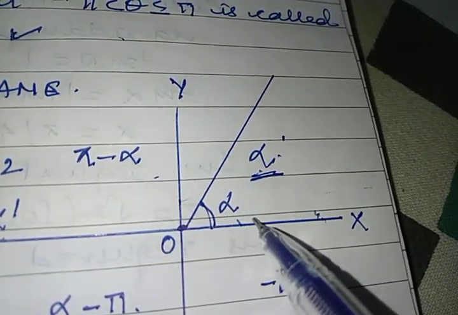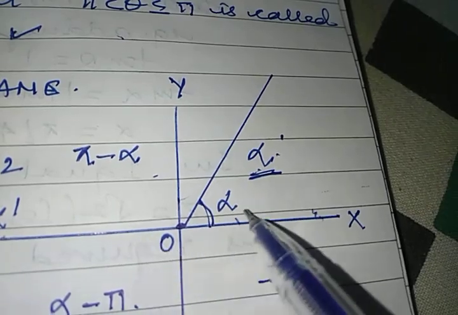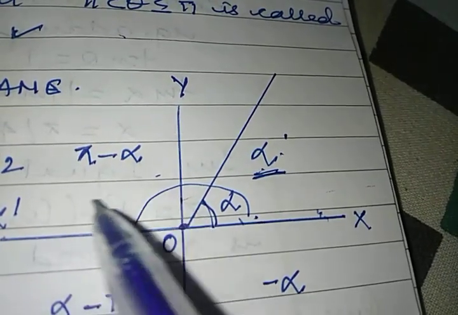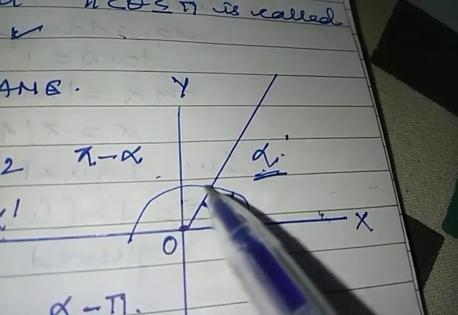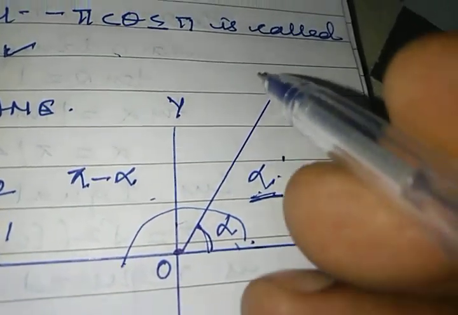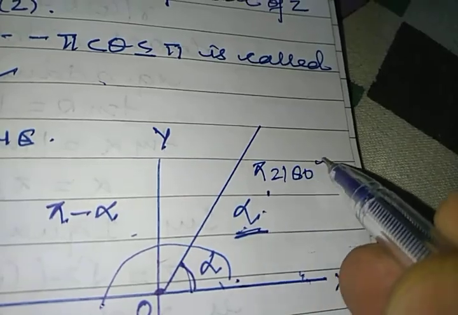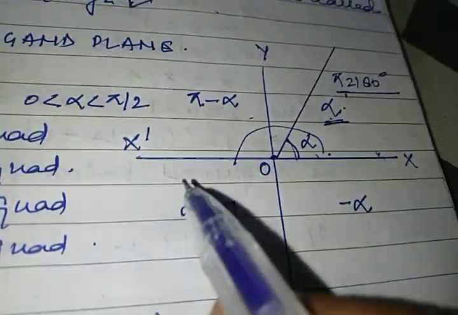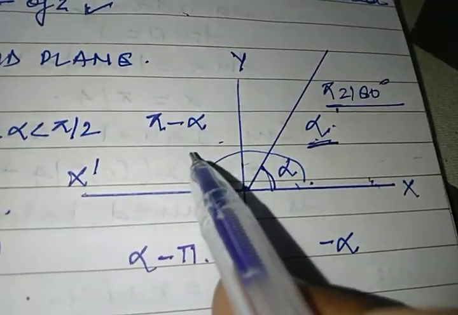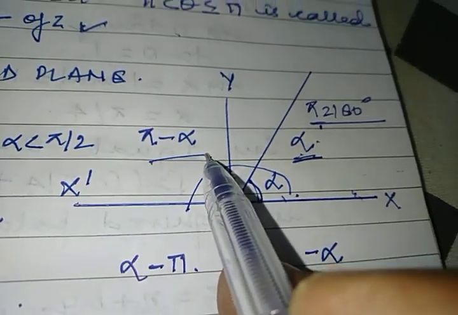If you move to the second quadrant, since this is a straight line, the total will be pi, that is 180 degrees. So this will be 180 minus alpha, that is pi minus alpha.